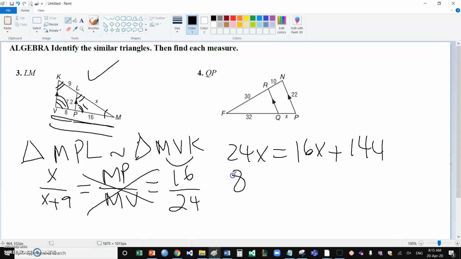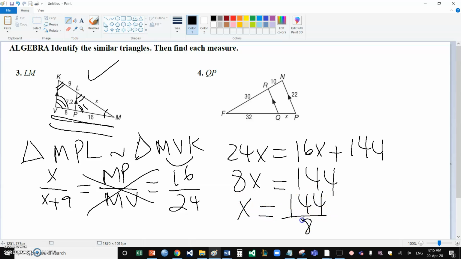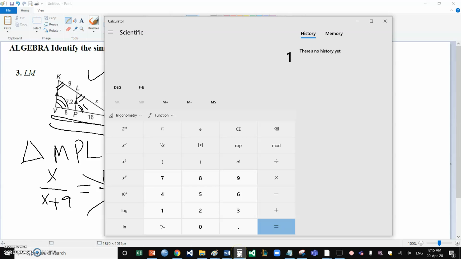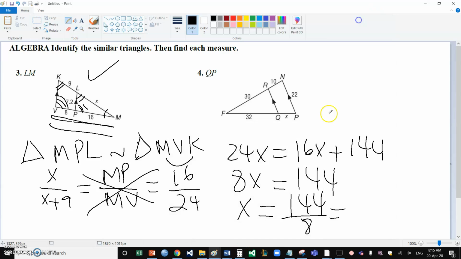So 8x equals 144. x equals 144 divided by 8, which is 18. Okay, and that's it for our first example.